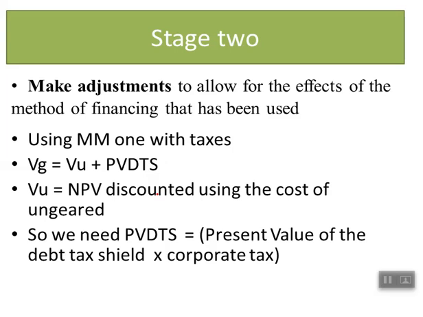Now, step number 2, we need to look at the effect of the financing on our business. So remember, we are now looking at Modigliani and Miller 1. Modigliani and Miller 1 with tax says that the value of a geared business, meaning a business that is using debt, is equal to the value of an ungeared business, a business that is not using debt, plus the present value of the debt tax shield.